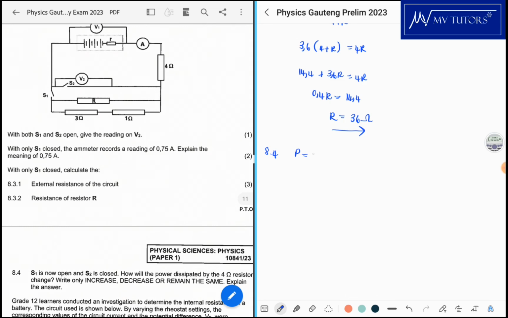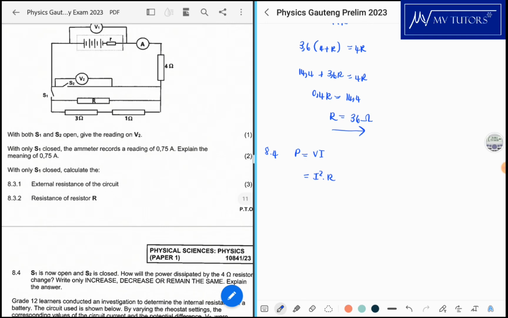Power is equal to VI, right? But there's another variation, so it's basically I squared times R, because V is equal to I times R. So previously we had 0,75 amperes flowing through, multiplied by that 4.